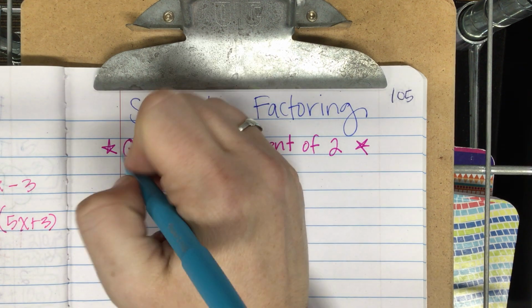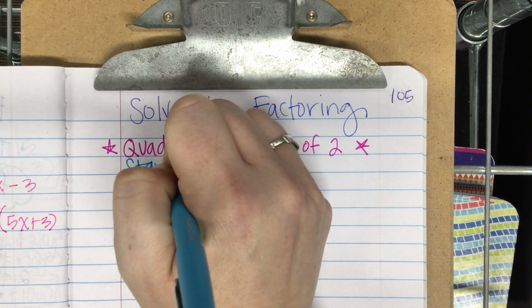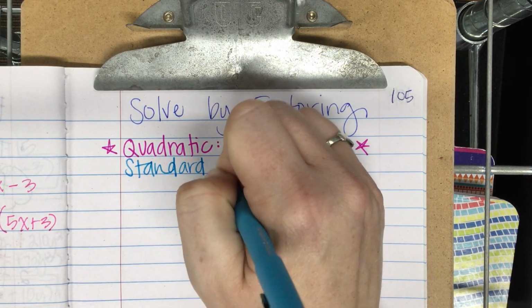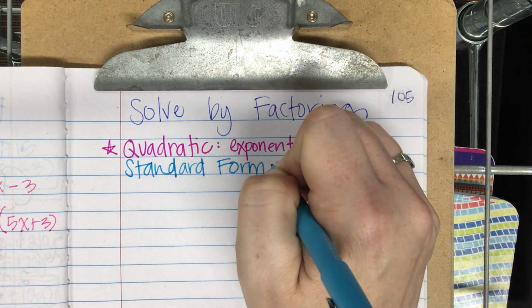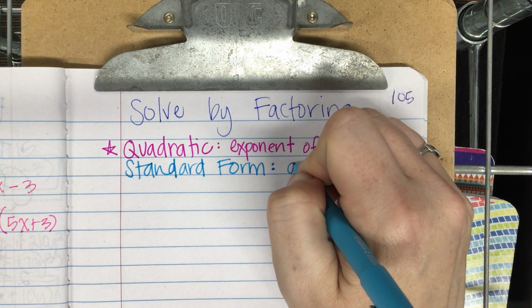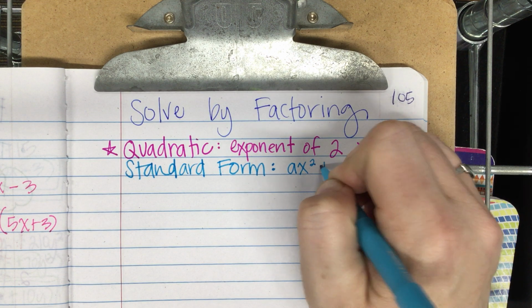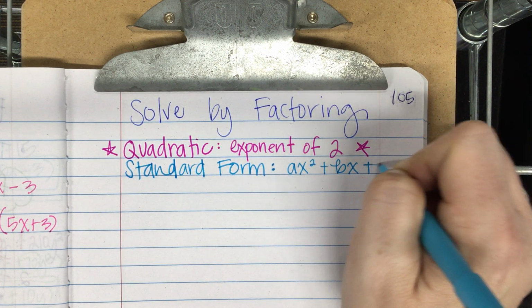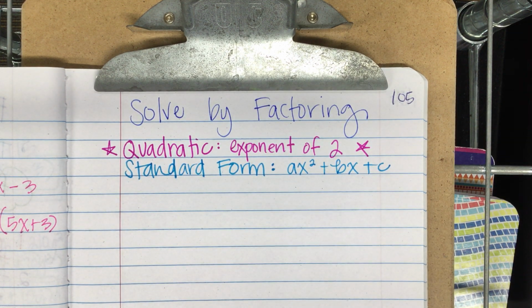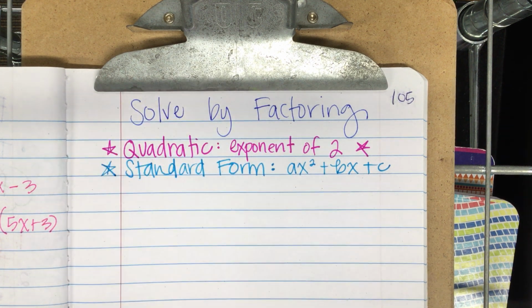It must be in standard form, which is ax squared plus bx plus c. Does that look familiar? And this is the big part.